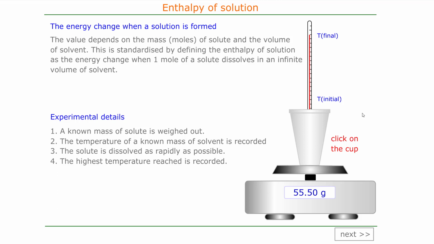In this particular case, it's an exothermic reaction. Okay, so we need to know the mass of the solute, we need to know the initial temperature, and we need to record the highest temperature when the solute is dissolved as rapidly as possible.